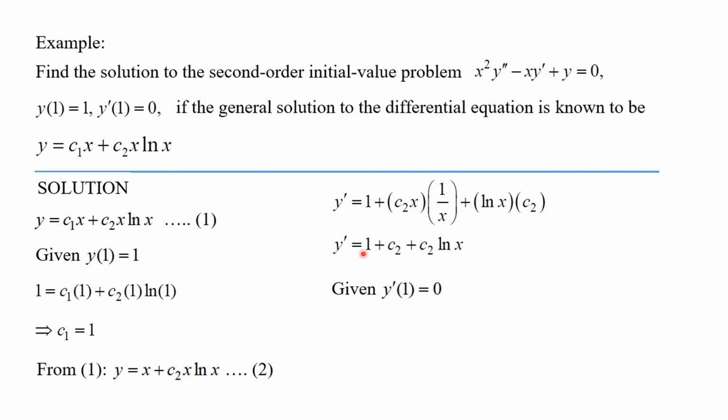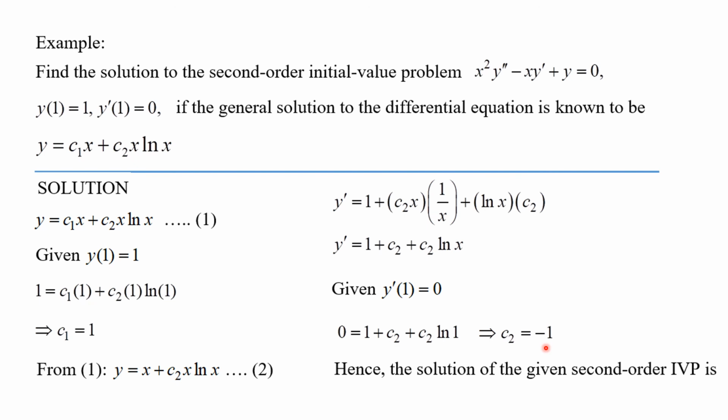We know that y prime of 1 is equal to 0, so substitute x by 1 and substitute y prime by 0. You get the following: y prime is 0 equals 1 plus c2 plus c2 ln 1. Now ln 1 equals 0, therefore c2 is negative 1. Okay, now substitute c2 equals negative 1 into equation number 2.